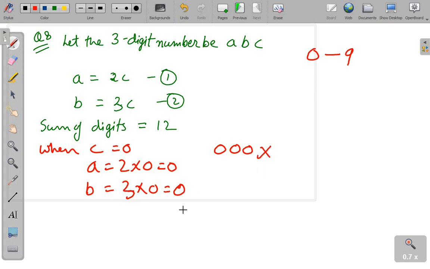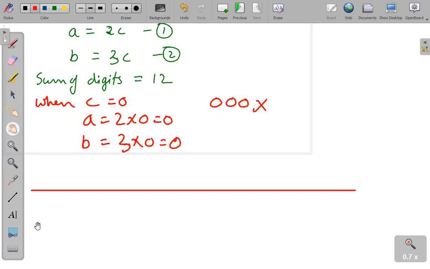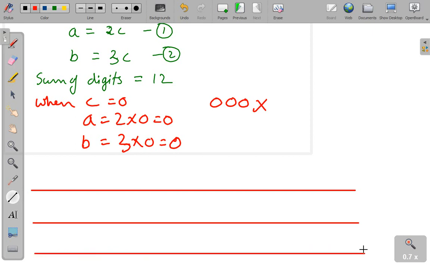Okay, in this manner I will take different values of C, and find A and B. So for 0 we will have nothing.